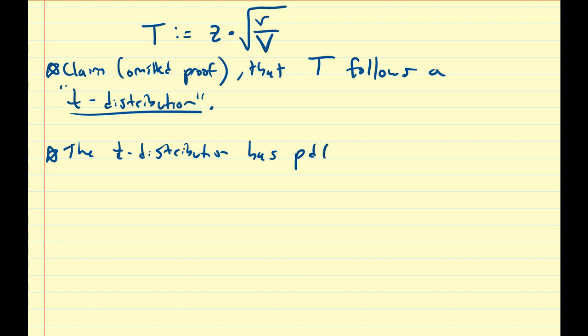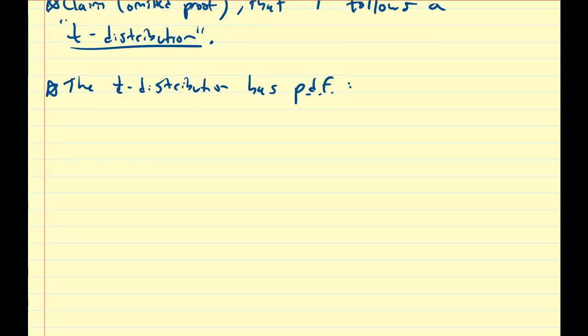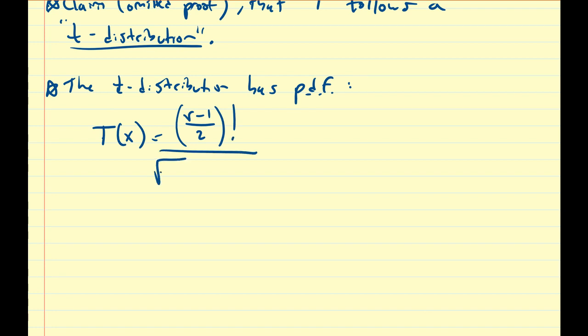has a PDF given by the following expression. So t of x is going to be equal to the quantity (nu minus 1) divided by 2, factorial, divided by the square root of nu pi times the quantity nu divided by 2 minus 1, factorial.